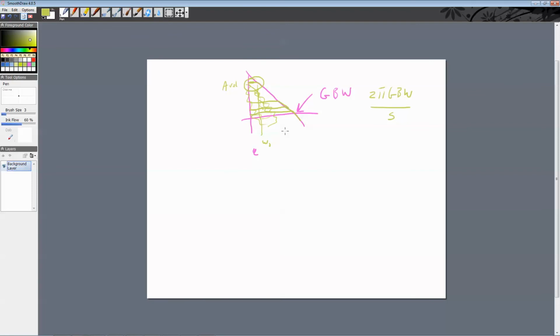When we're looking at the second order model, you have this, and it comes down, and then you have a bend.